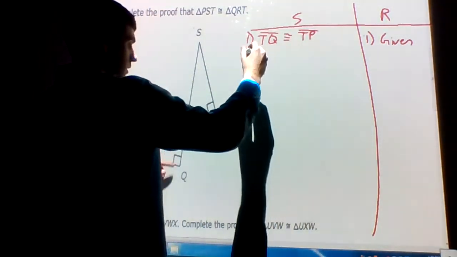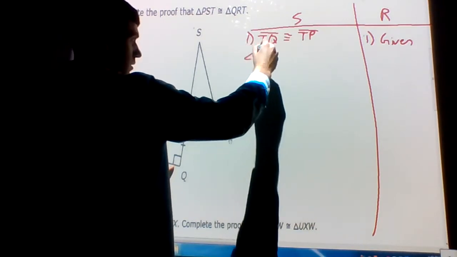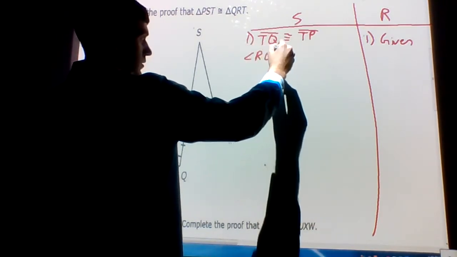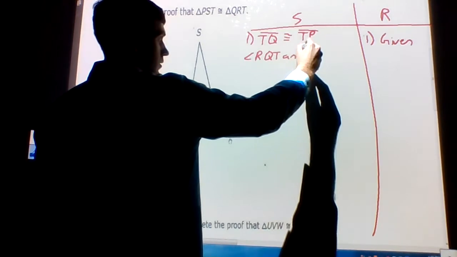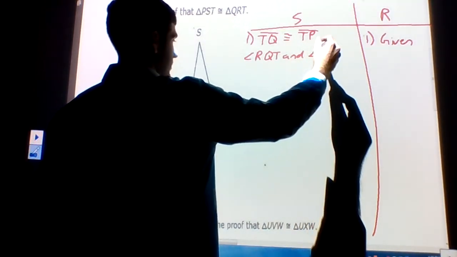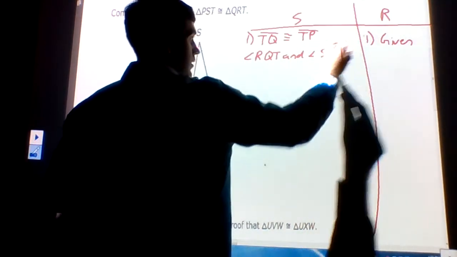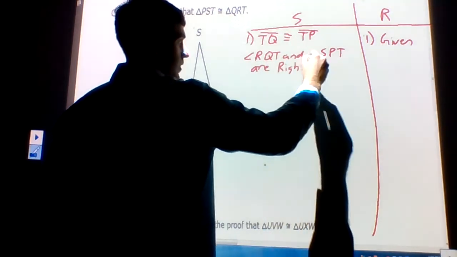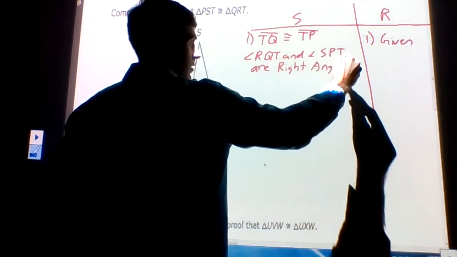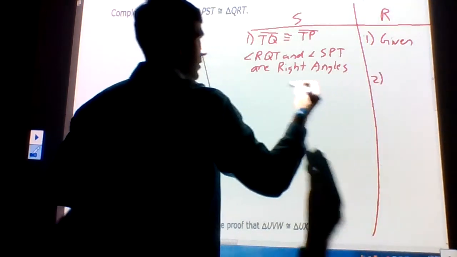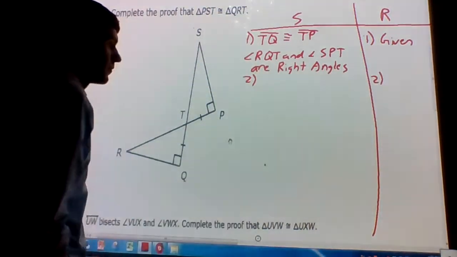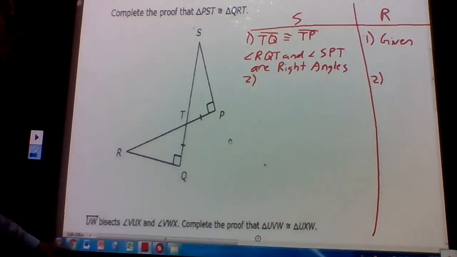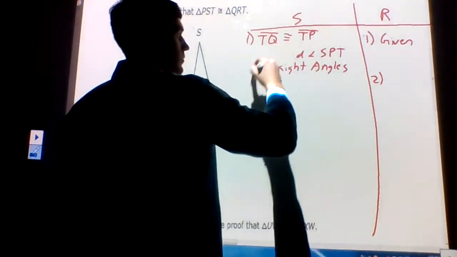Okay, we're also given that angle RQT and angle SPT are right angles. Well, I guess it's really telling us that they're perpendicular.